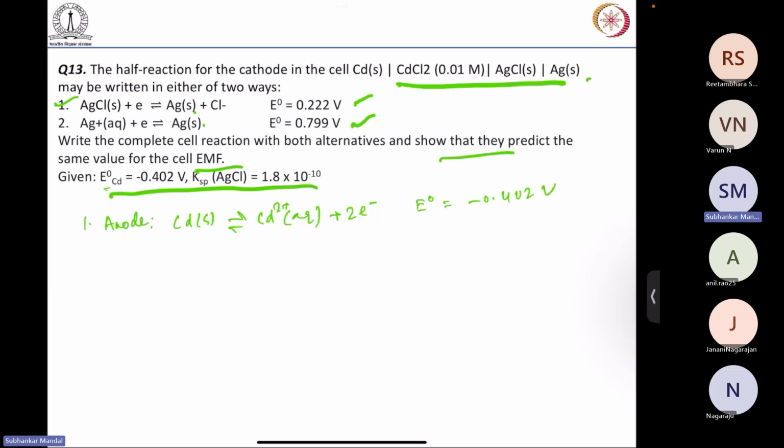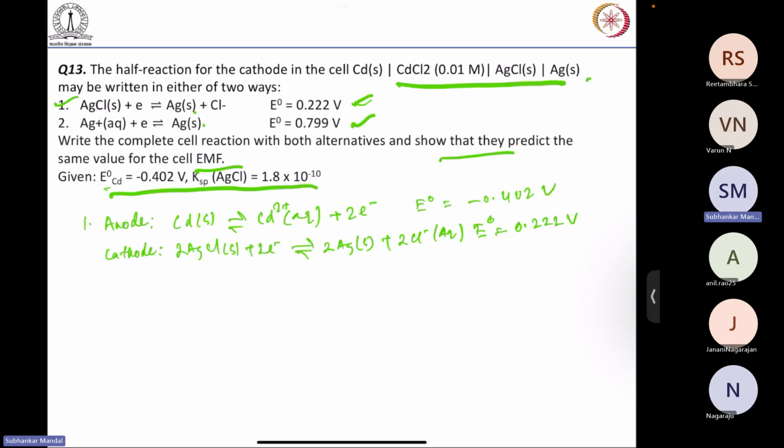It is given here. And what is the cathode reaction? AgCl solid plus 2 electrons gives 2 Ag solid plus 2 chloride, Cl minus, aqueous. This potential is given here: E naught is equal to 0.222 volt.